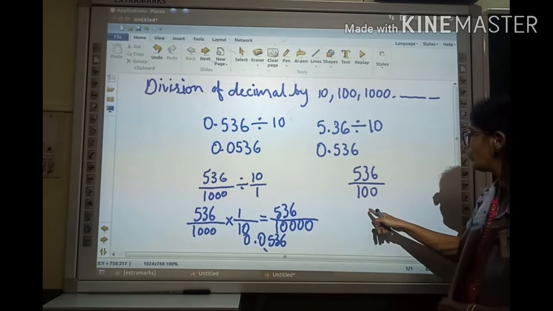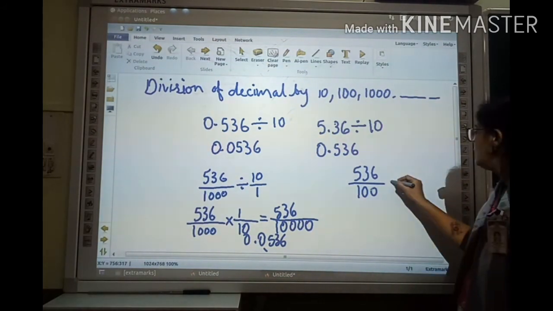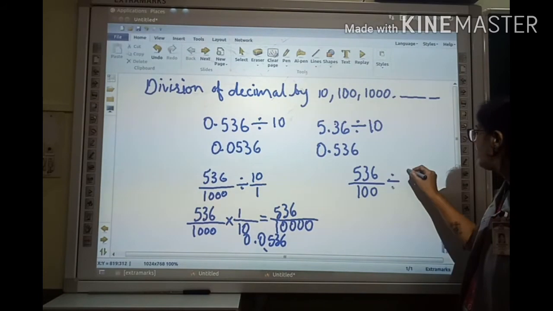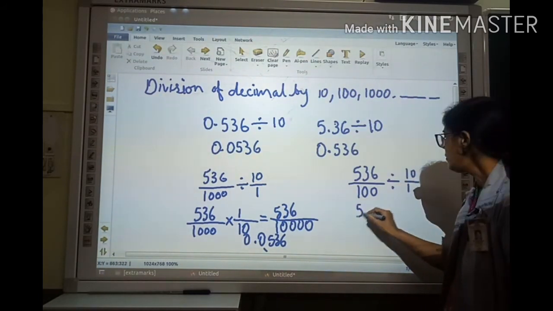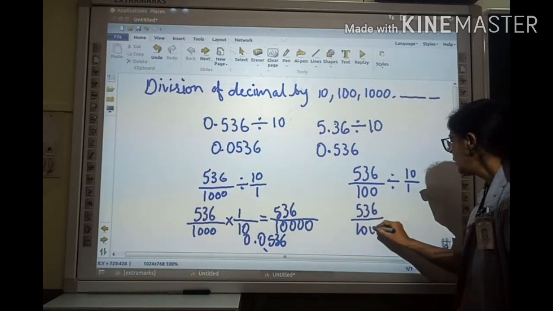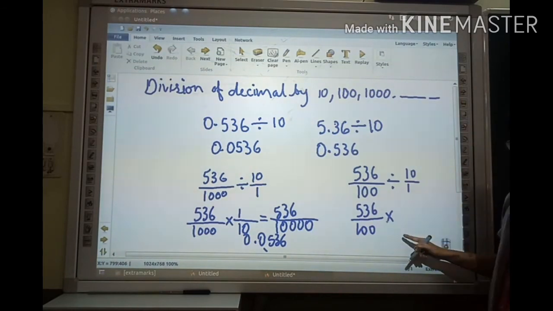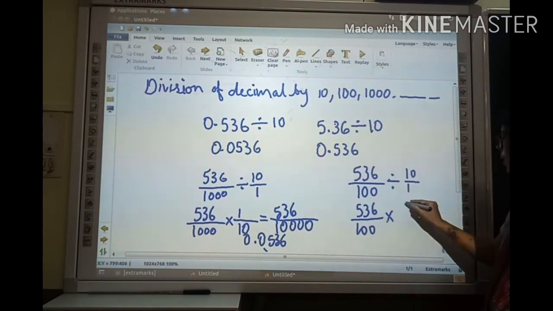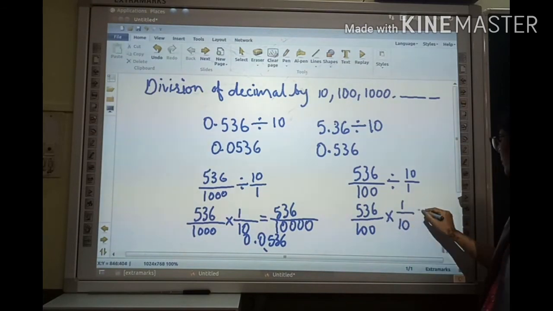So what I have to write here? 536 upon 100 and divide by 10 upon 1. So 536 upon 100 multiply, here I have to apply the reciprocal, means multiplicative inverse property. So 1 upon 10, right? So what we will get here?